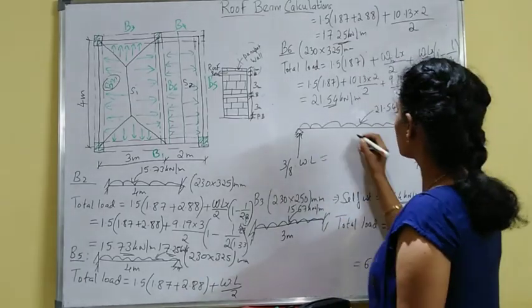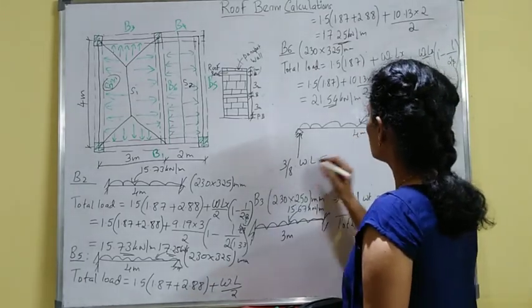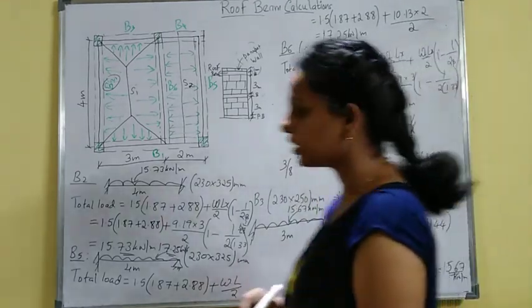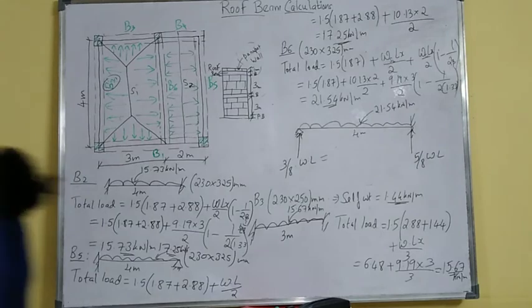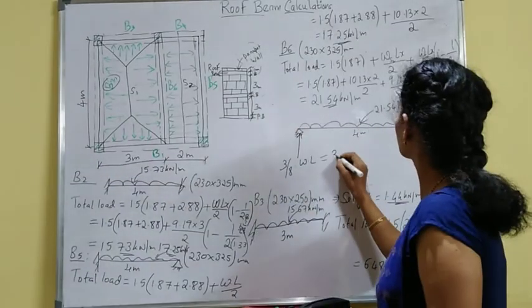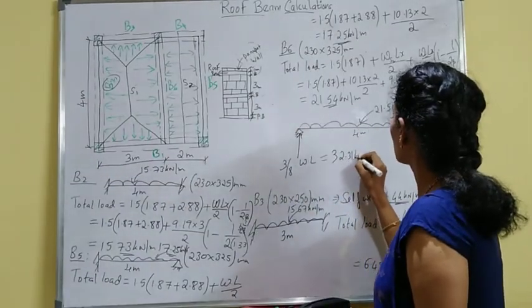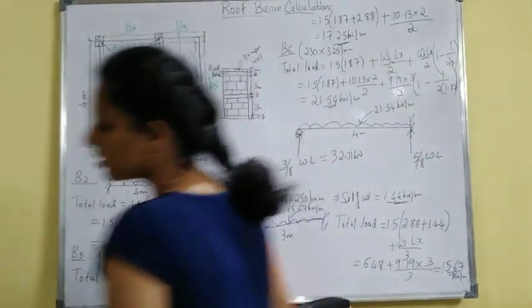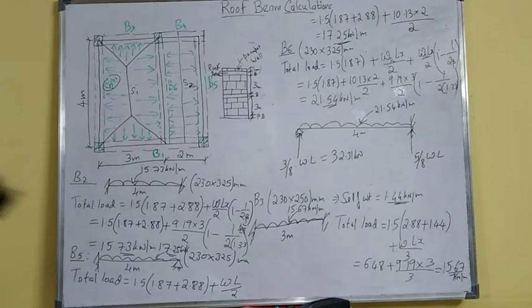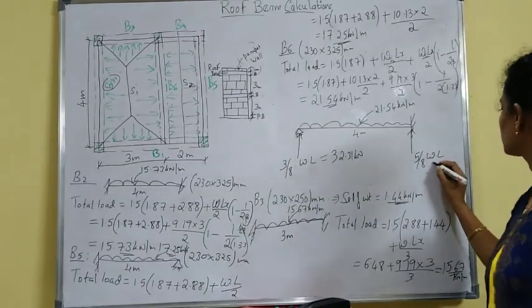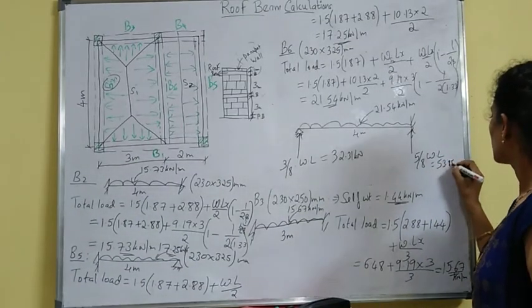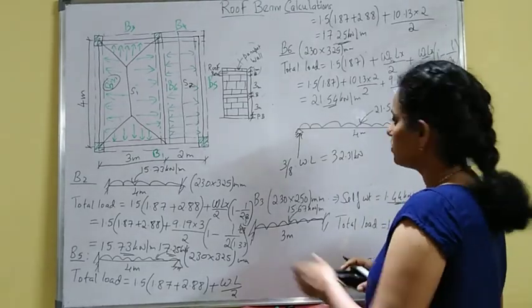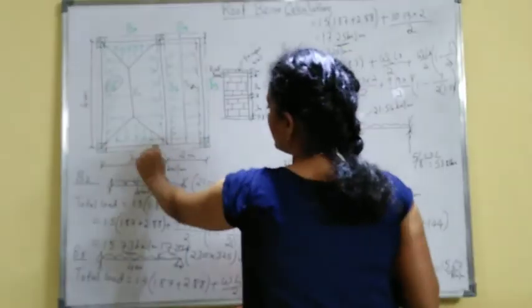So 3 by 8, L is 4 meter, W is 21.54, you have reaction as 32.31 kilonewton, and here you have 53.85 kilonewton.